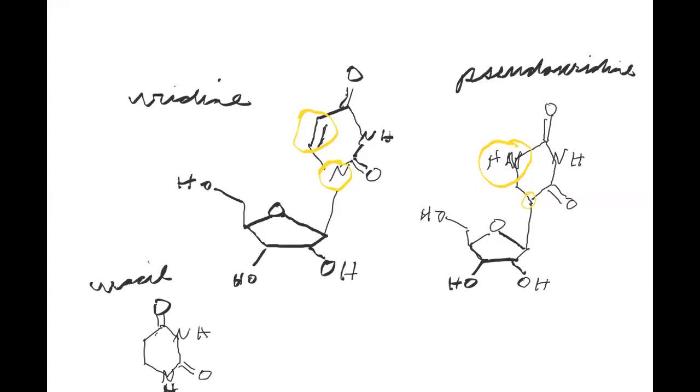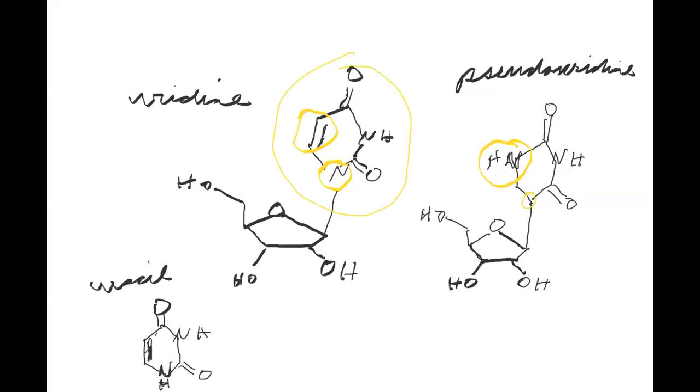This is an H. Double bond. So you can see that this structure for uridine follows the uracil, right?